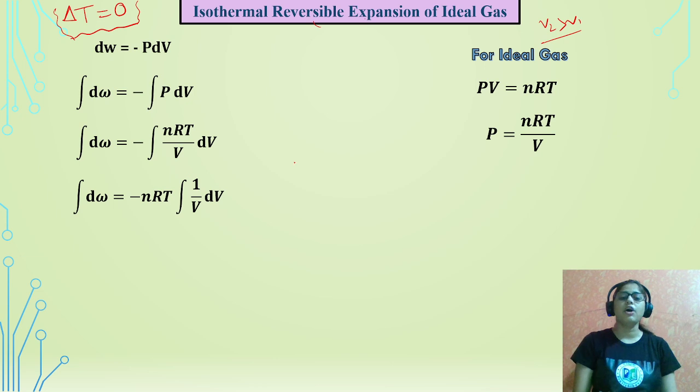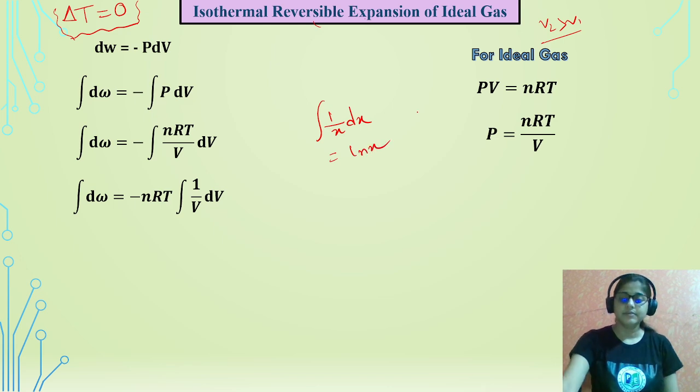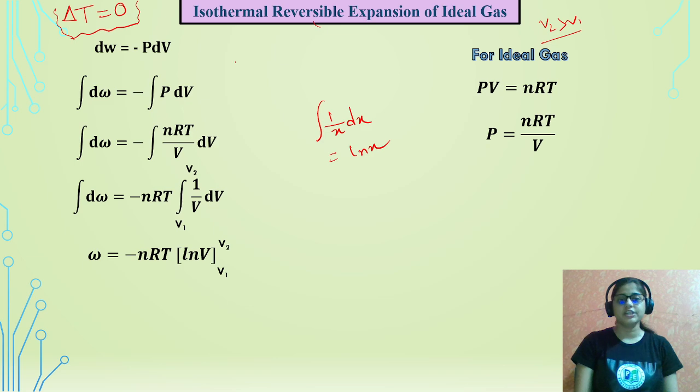So the integration of 1 by x dx will be ln x, right? So here it will be ln V, and the system is expanding from V1 to V2. We should mention this in the slide also.